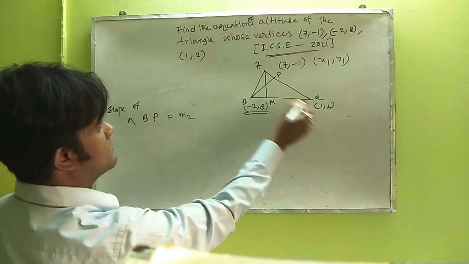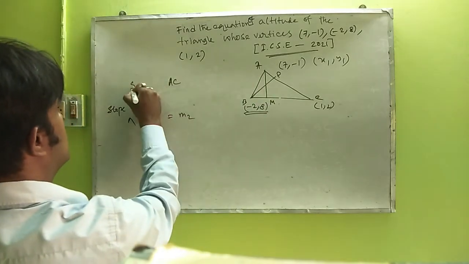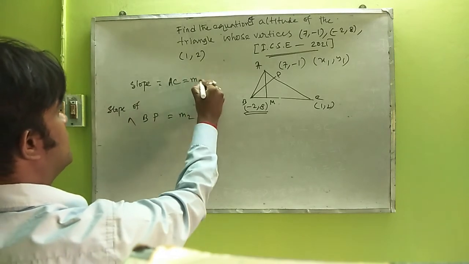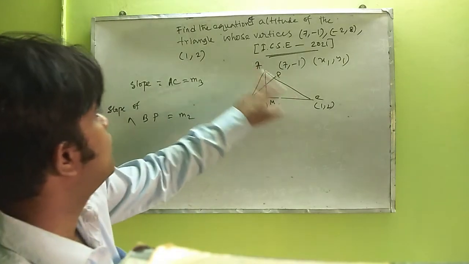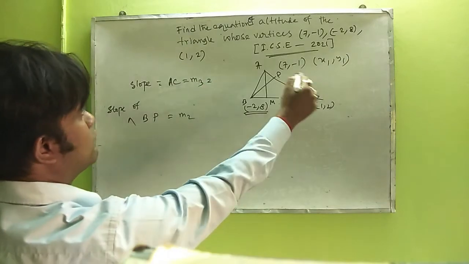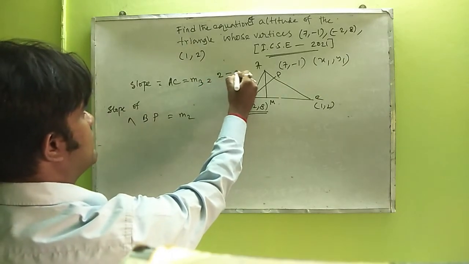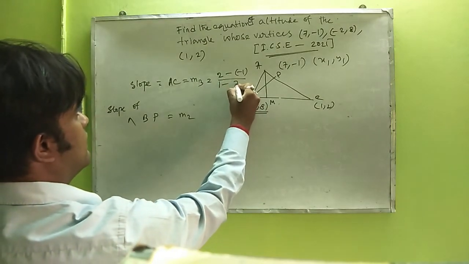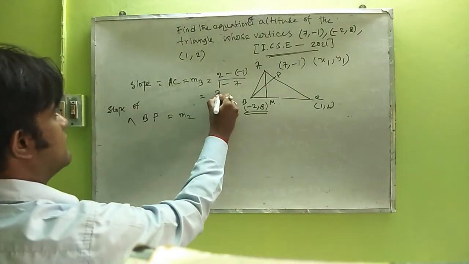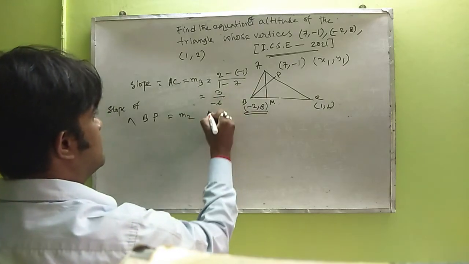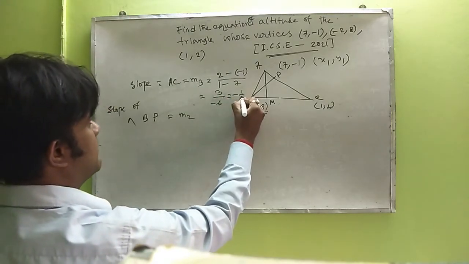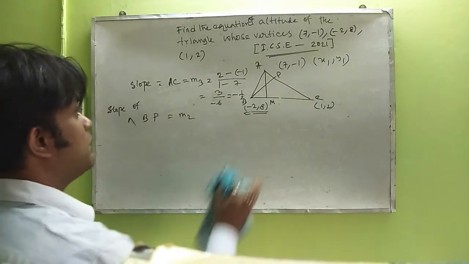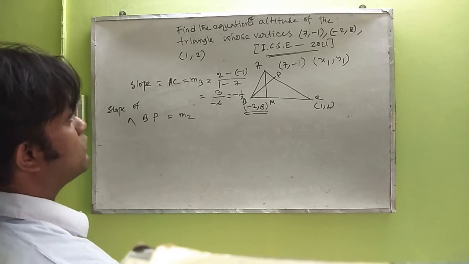With the help of this slope, which is m1 or m3, the AC slope, that is y2 minus y1, 2 minus 1 by, that is 3 by minus 6, that is minus half. So the slope of BP is equal to minus half.